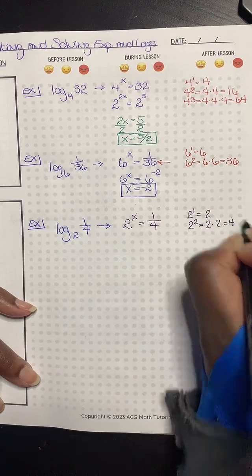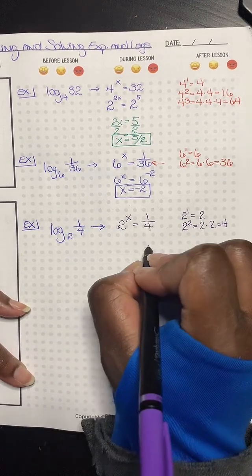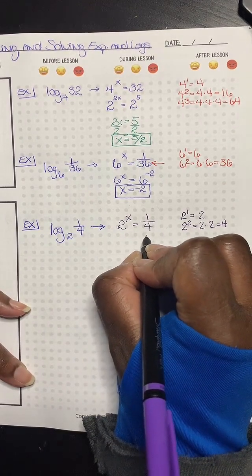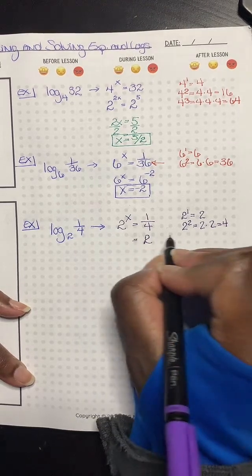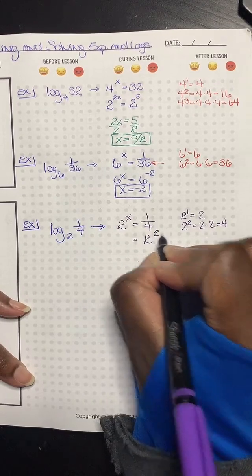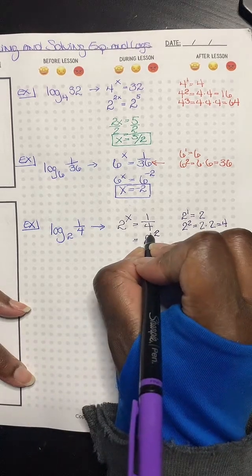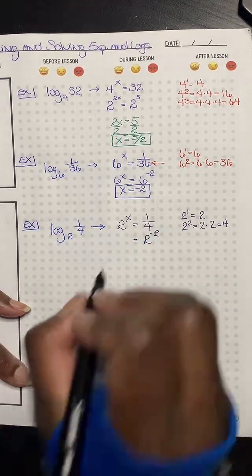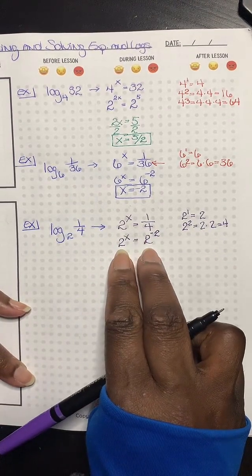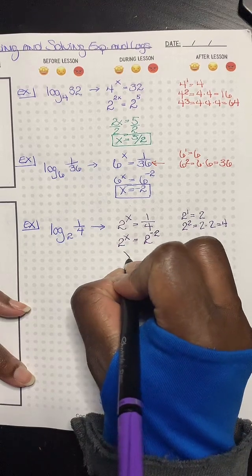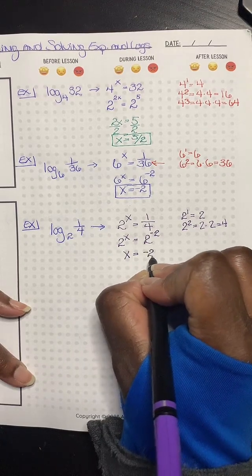That gives me 4. So I can change this 1/4 to a base of 2. But it's not going to be 2 squared, because that makes it equal to 4. We got a 1/4, so that means that exponent has to be negative. And since they both have the same base, now I can focus on just the exponents. So it'll be x equals -2.